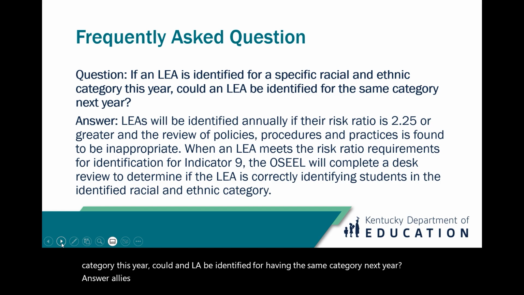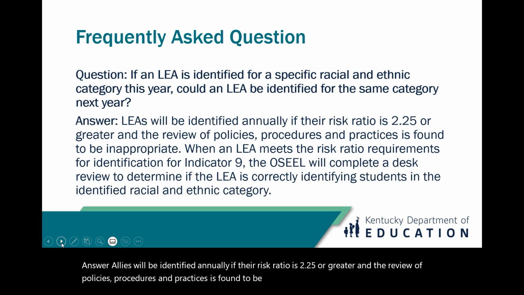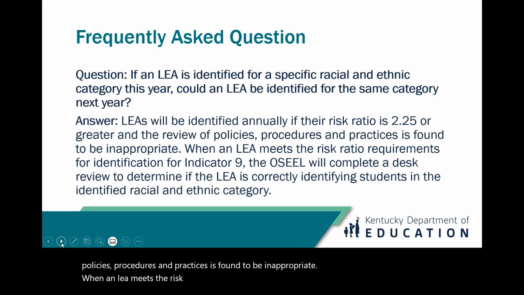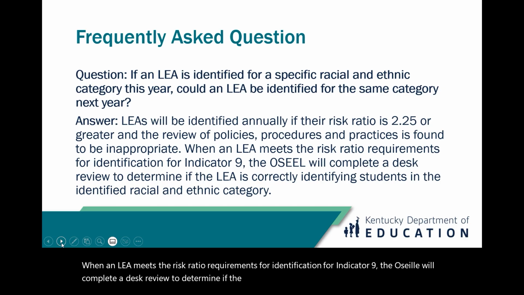LEAs will be identified annually if their risk ratio is 2.25 or greater and the review of policies, procedures, and practices is found to be inappropriate. When an LEA meets the risk ratio requirements for identification for Indicator 9, the OSEEL will complete a desk review to determine if the LEA is correctly identifying students in the identified racial and ethnic category.